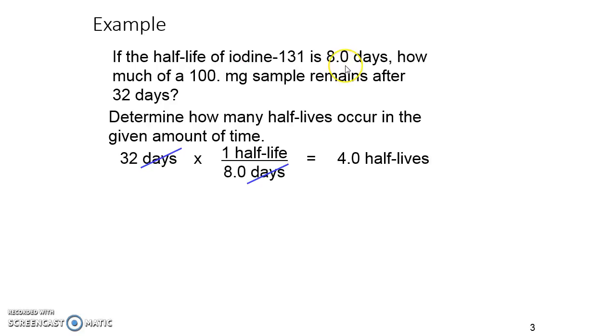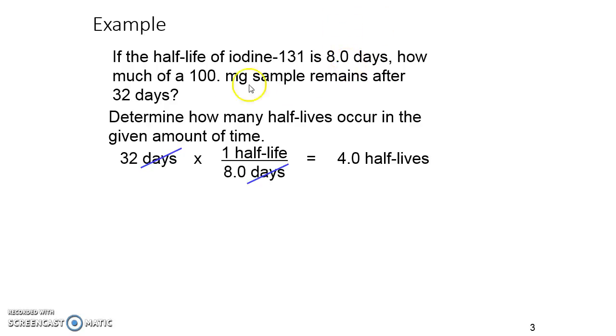Iodine 31 has a half-life of 8 days. How much of a 100 milligram sample will be remaining after 32 days? Well, the first thing you do is you figure out how many half-lives is 32 days. 32 is 8 times 4, so that must be 4 half-lives. So what happens after one half-life? 8 days, 50 milligrams is left.